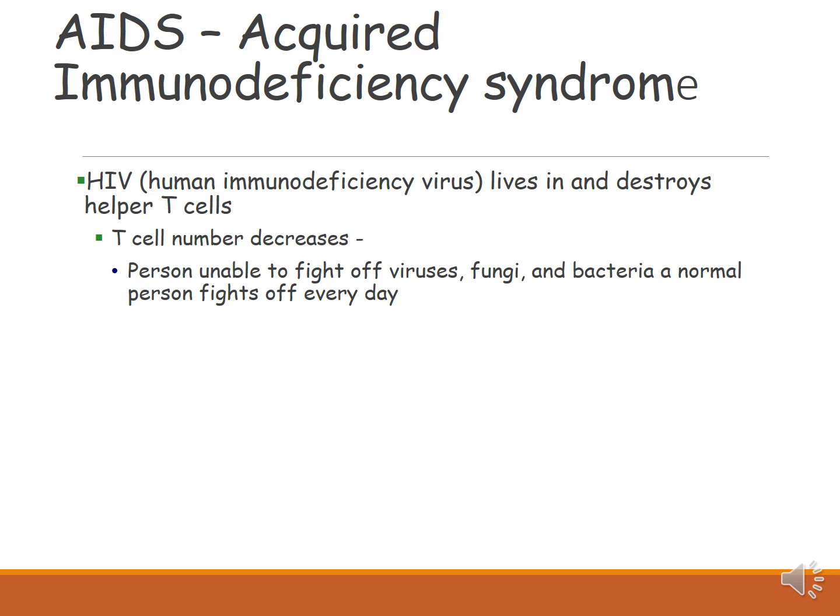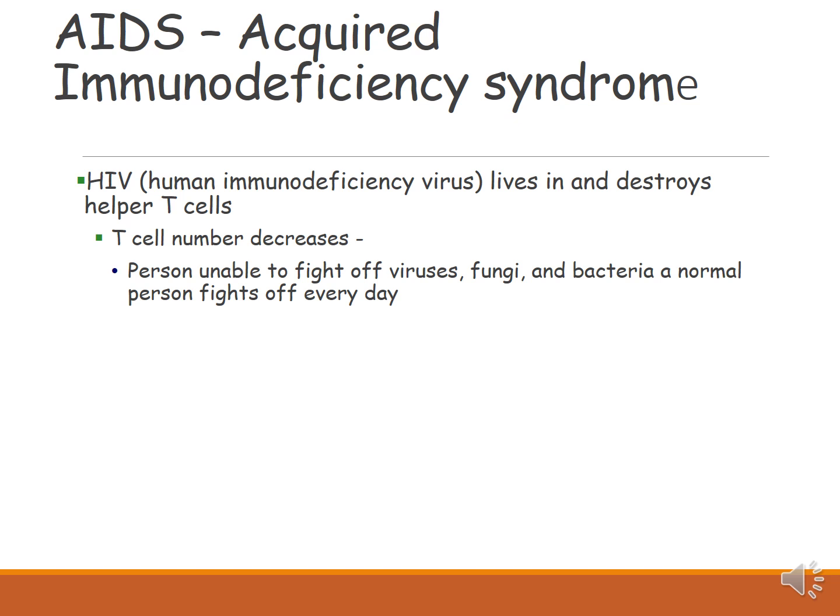AIDS, acquired immunodeficiency syndrome, is caused by a virus which lives in and destroys helper T cells. As your T cell number decreases, the patient is less able to fight off viruses, fungi, and bacteria that a normal person could fight off every day.